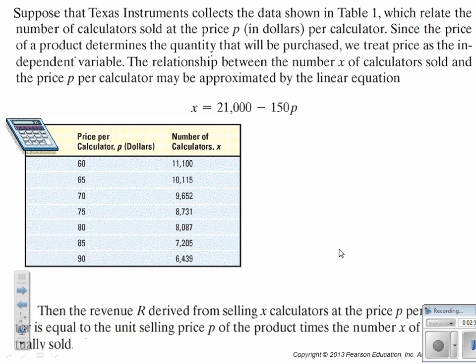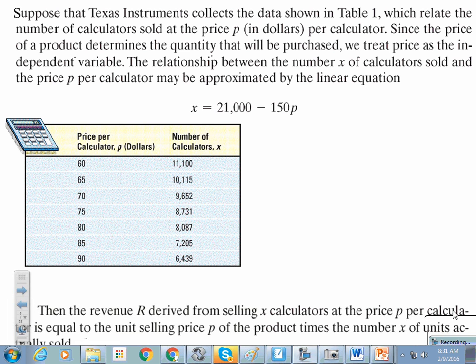Then the revenue R derived from selling x calculators at the price P per calculator is equal to the unit selling price, our P value, times the number of x units actually sold.